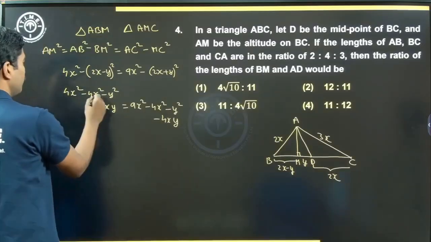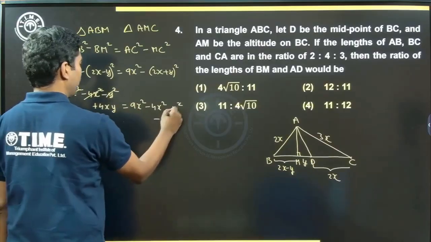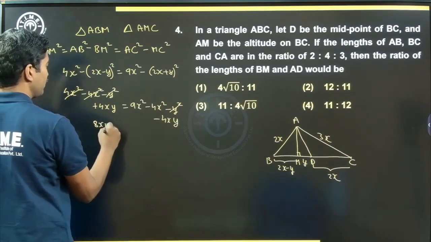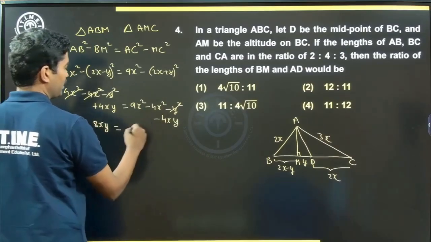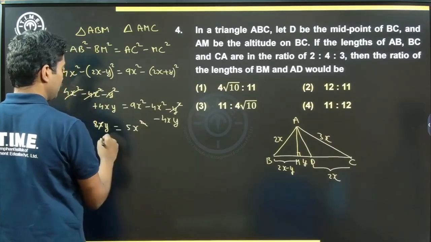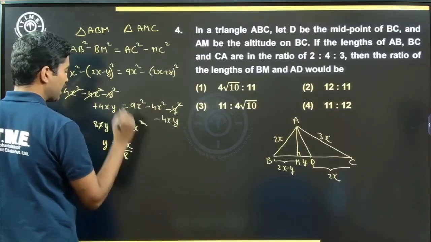So what do we have? 4x square cancels, y square cancels, 4xy comes this side, 8xy is equal to 9 minus 4, 5x square. X cancels, x here. What is the value of y? 5x by 8.